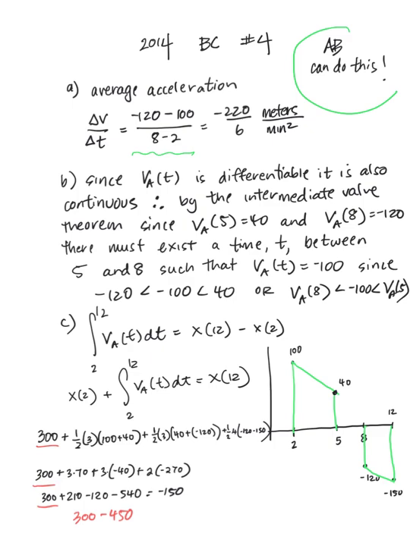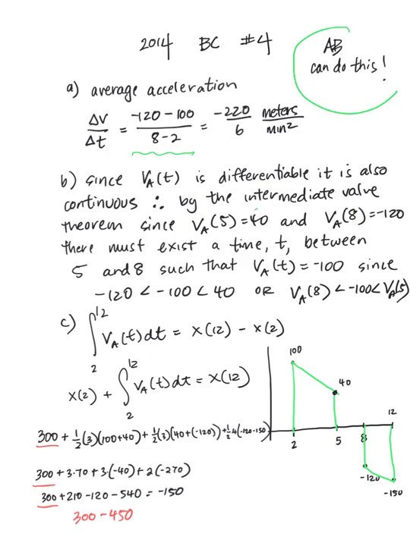Part B asks, does the data in the table support the conclusion that train A's velocity is -100 at some point during the interval from 5 to 8? Well, we know that our velocity of train A is differentiable, which also means it's continuous.